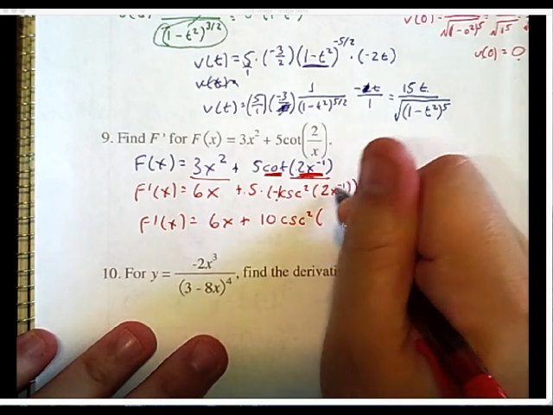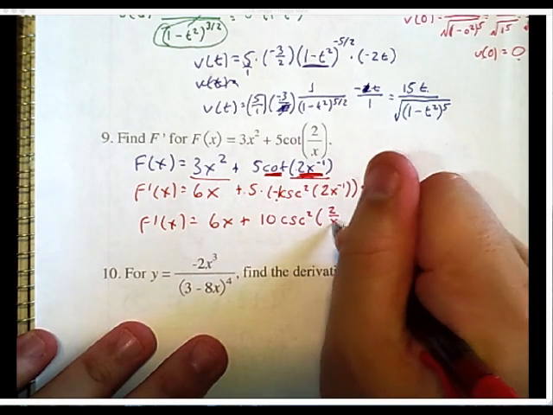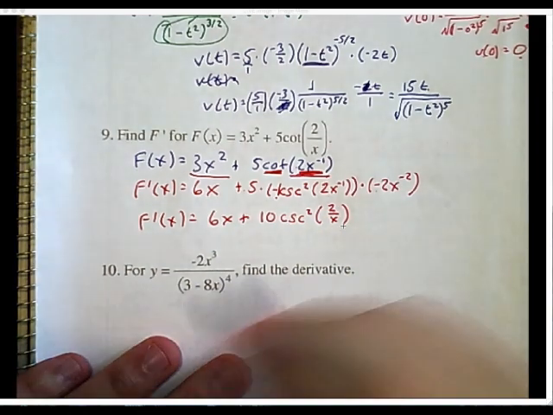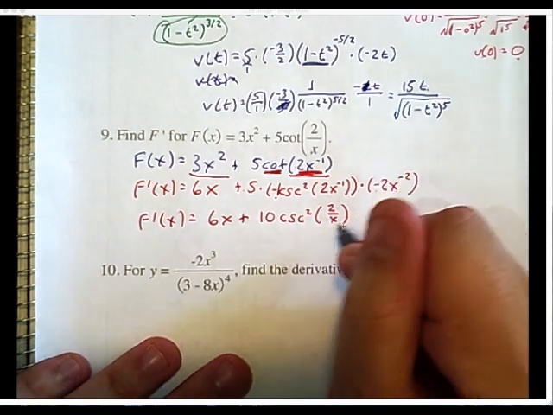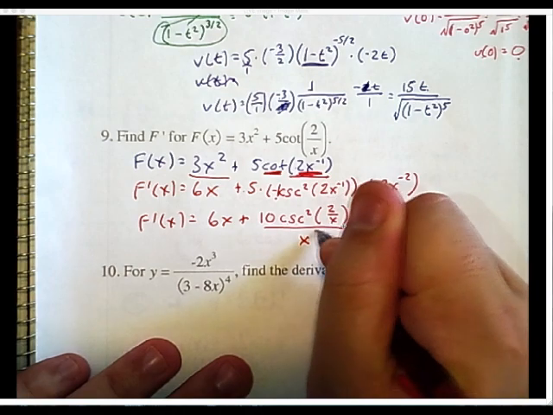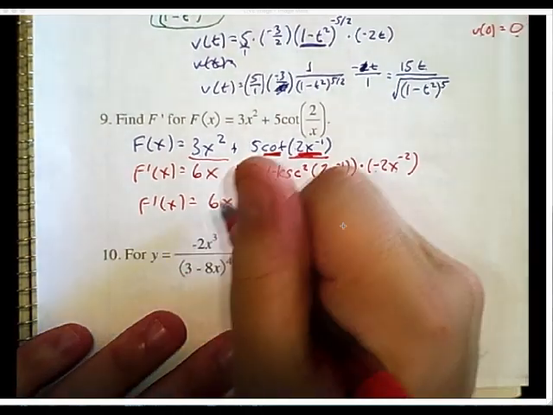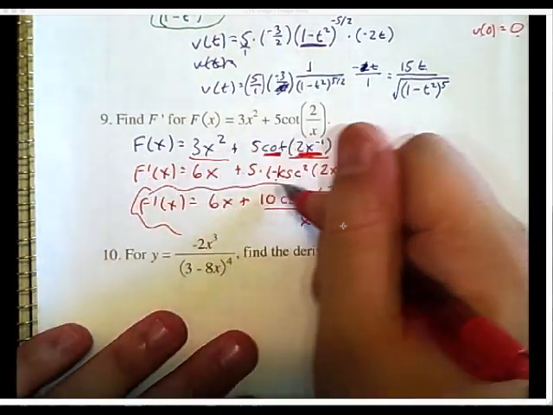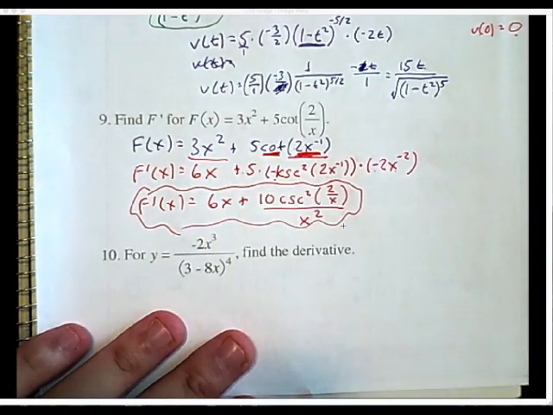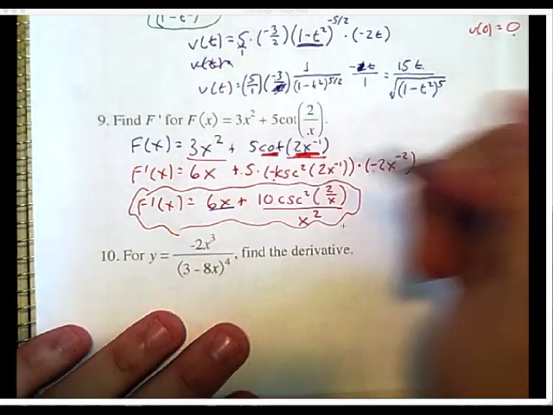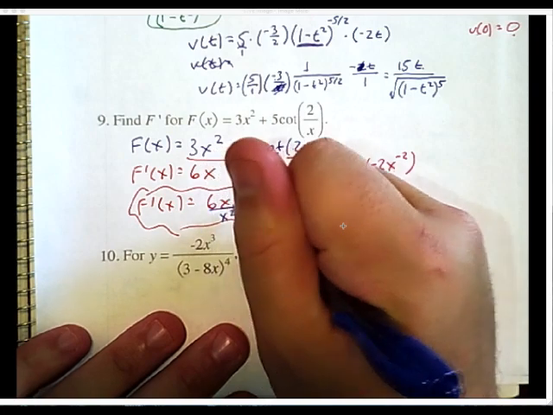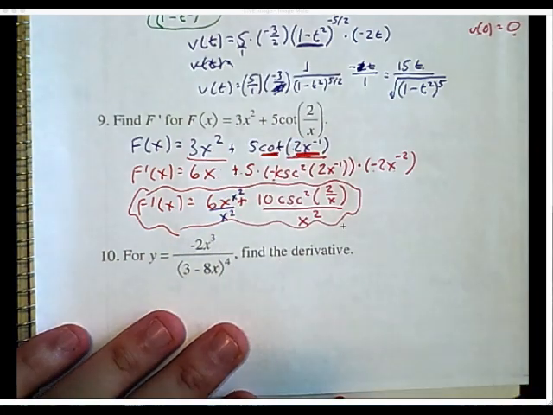And you can rewrite this 2x to the negative 1 as just 2 over x. And then instead of writing x negative 2, you can just put this over x squared. So you could write the answer like this, or you can choose to get a common denominator here. If you put an x squared there, you need to put another x squared there.